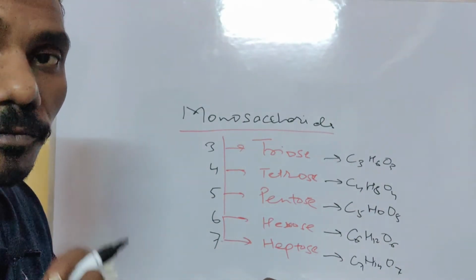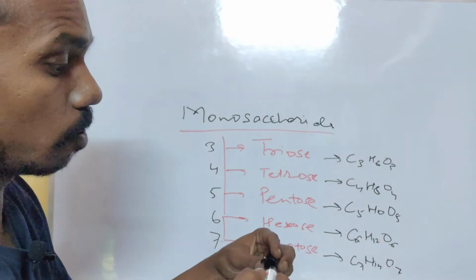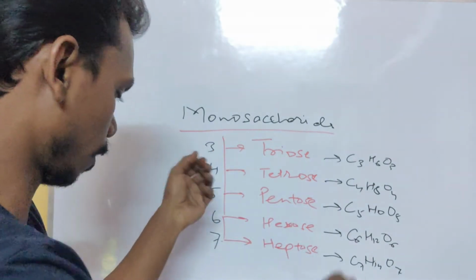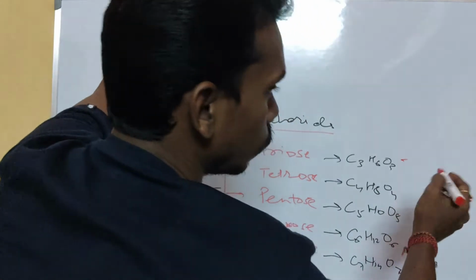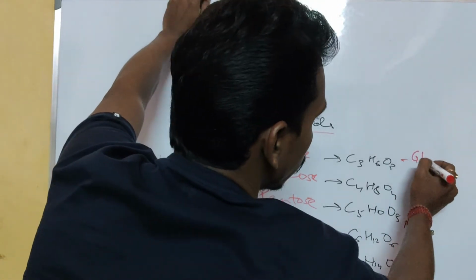Okay, these are the formulas of the examples. Now the names come. The 3 carbon containing monosaccharide is glyceraldehyde.